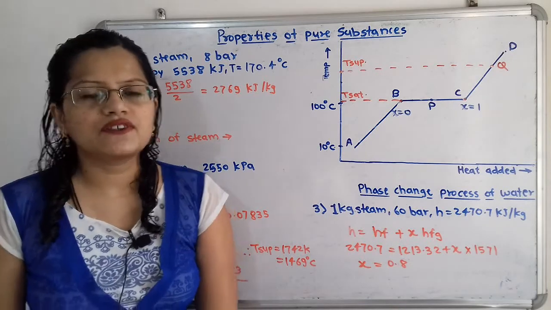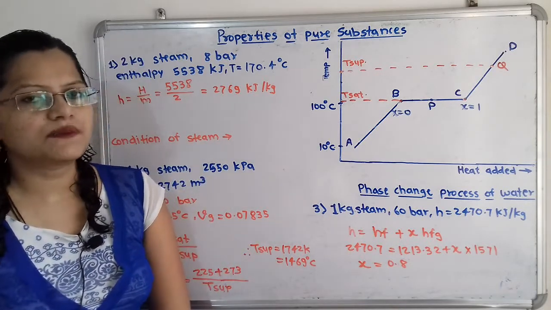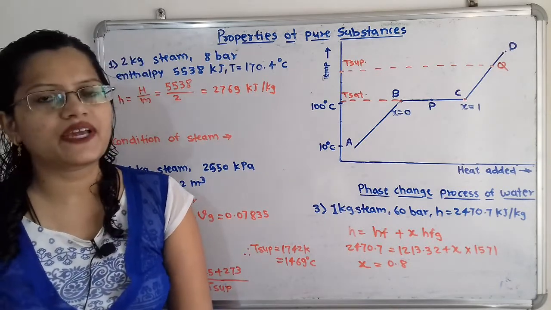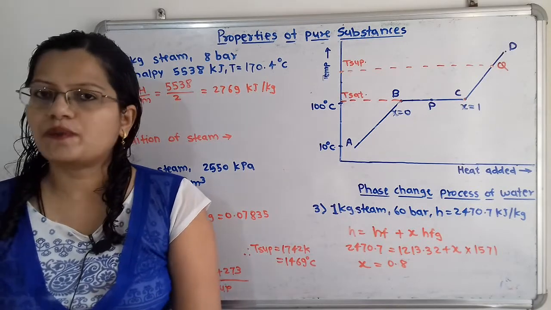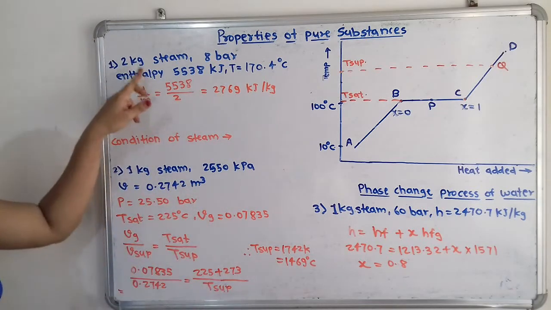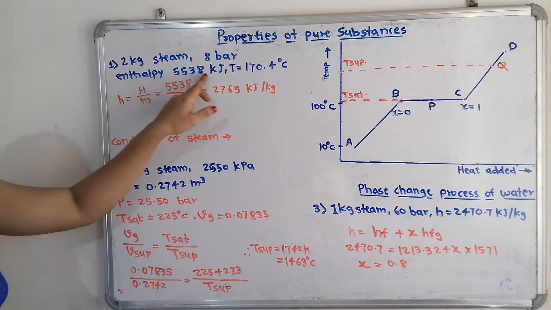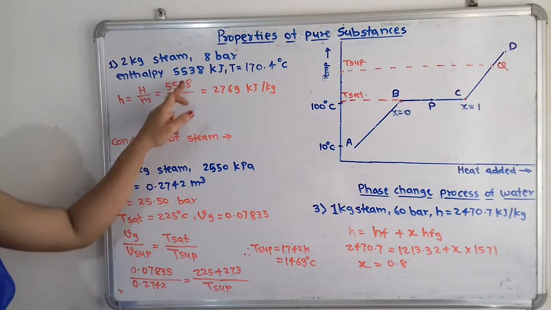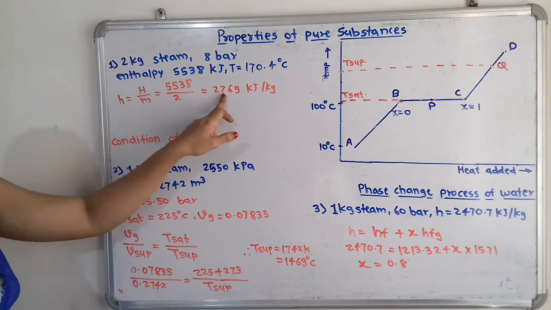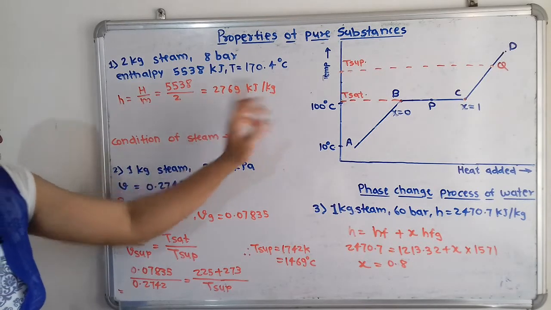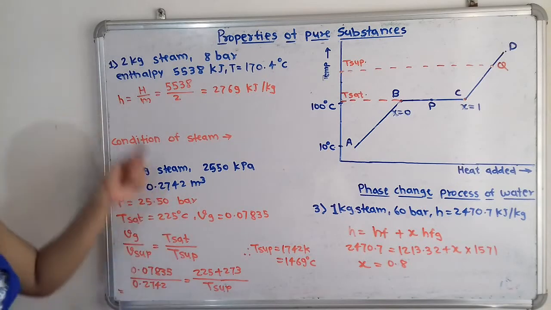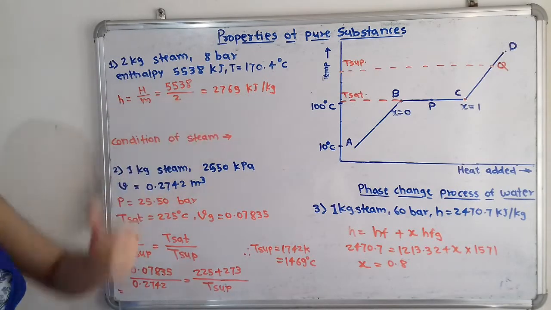So we will first find out the specific enthalpy. Specific enthalpy means what? Kilojoule per kilogram. This enthalpy is given for 2 kilograms. So for 1 kilogram, h is equal to this total enthalpy divided by mass. So here, 2769 kilojoule per kilogram is the enthalpy.